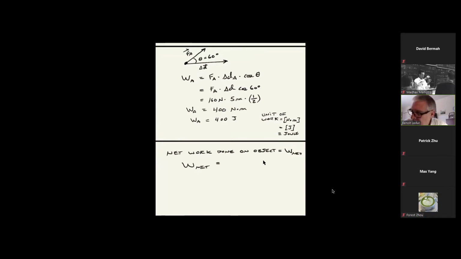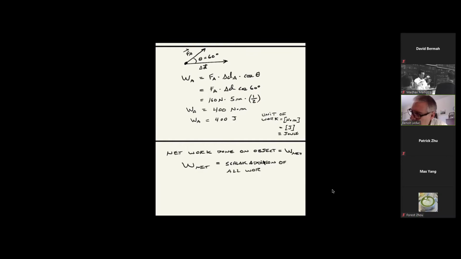So scalar addition of all work done by forces on the object. Work is uppercase W, right?